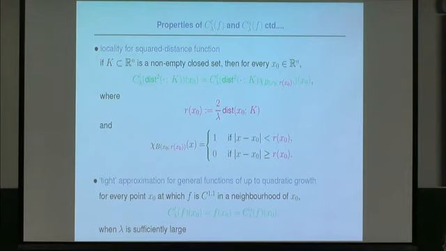A more general statement is the following: for every point x0 at which the original function is C^{1,1} in a neighborhood of x0, then the lower transform and the upper transform will be identically equal to the original function when lambda is sufficiently large. Right? And we saw this for the prototype. It was identically equal.